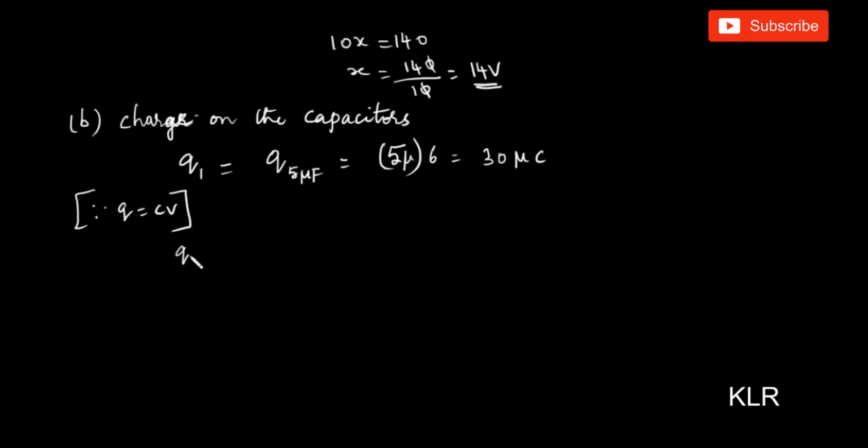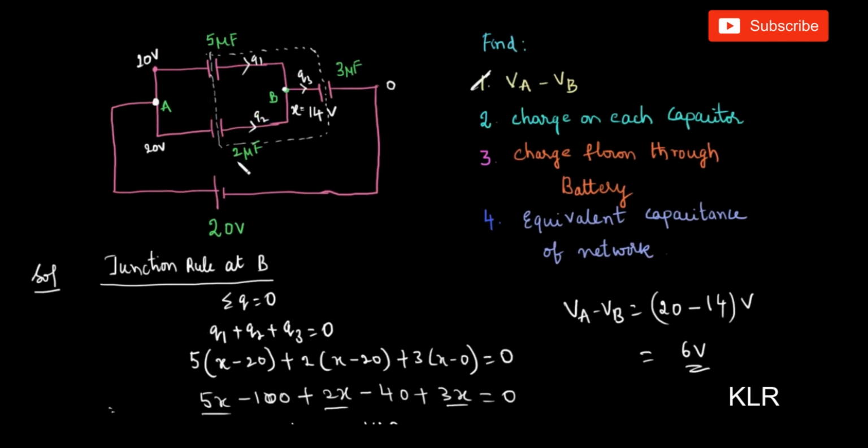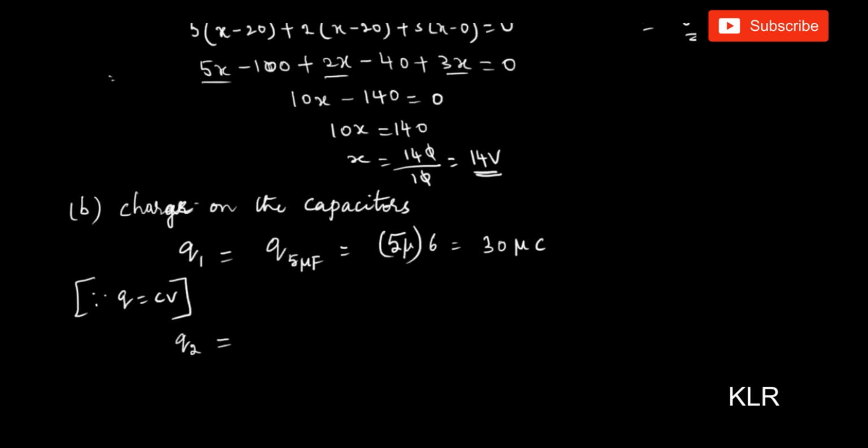Now in the similar way, Q2 is equal to, what is Q2? Q2 is the charge on the 2 microfarad. So Q2 is equal to, potential difference across 2 microfarad is 20 minus 14, which is 6. So 6 into 2.